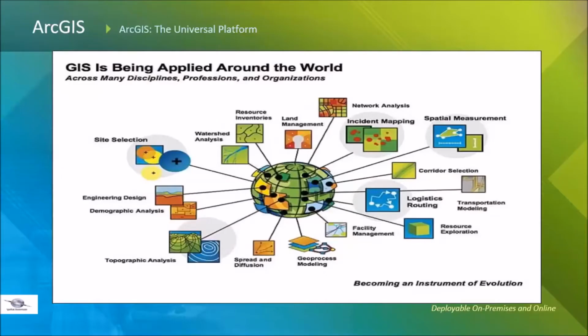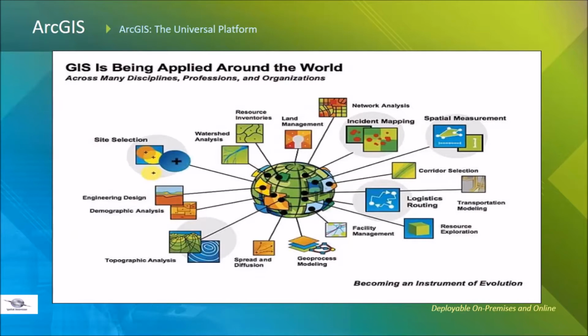So ArcGIS is a comprehensive universal geographic information system, GIS, platform that enables everyone to work with and use geographic information to increase efficiencies and make better decisions. As you can see in the diagram on the slide, GIS can be applied throughout the world in various industries, ranging from the commercial sector for identification of a suitable location for commercial business through site selection.